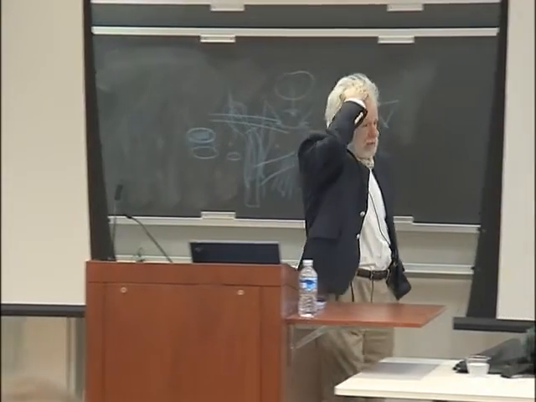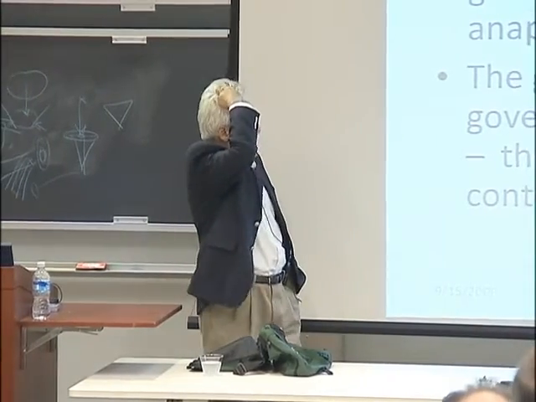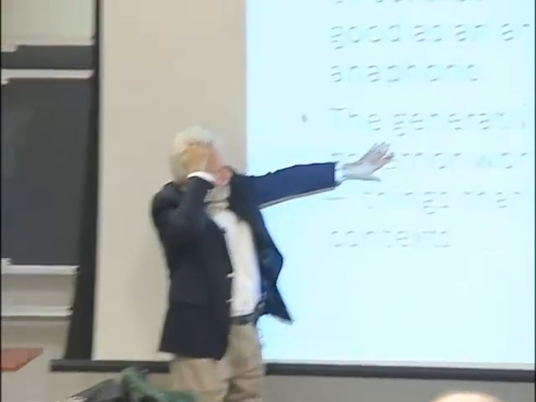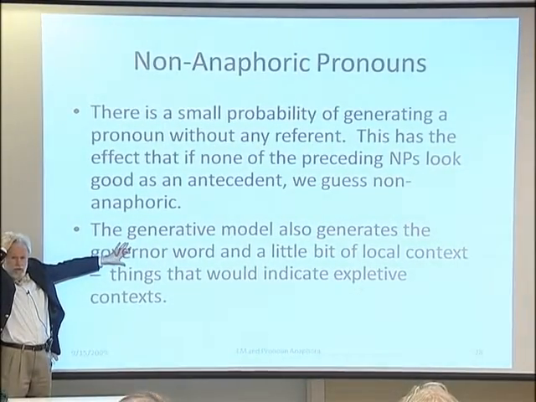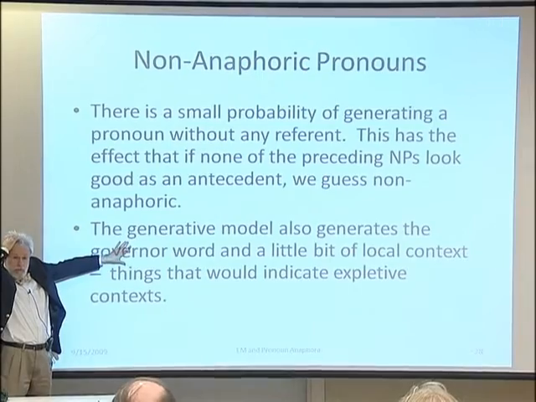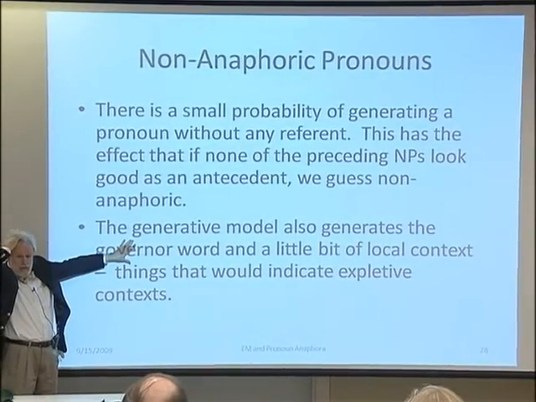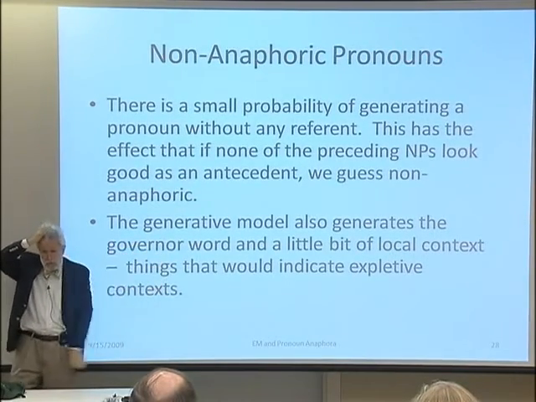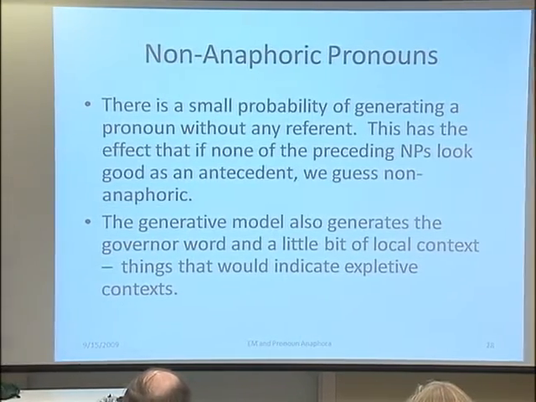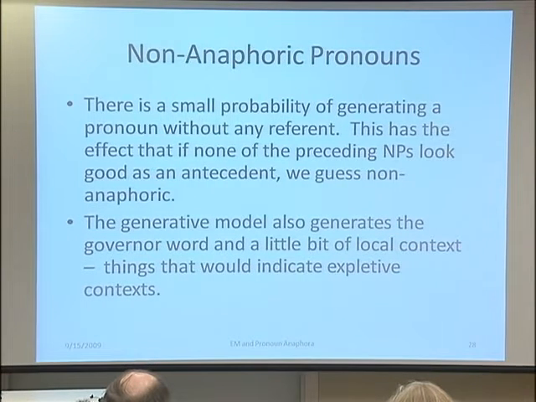Now, the one complication I haven't talked about is non-anaphoric pronouns. Here the governor does help a little bit. So if your governor is the verb "important" and you're an "it", then you're much more likely to be non-referential, or non-anaphoric. That helps a little bit, but again, it's very small.